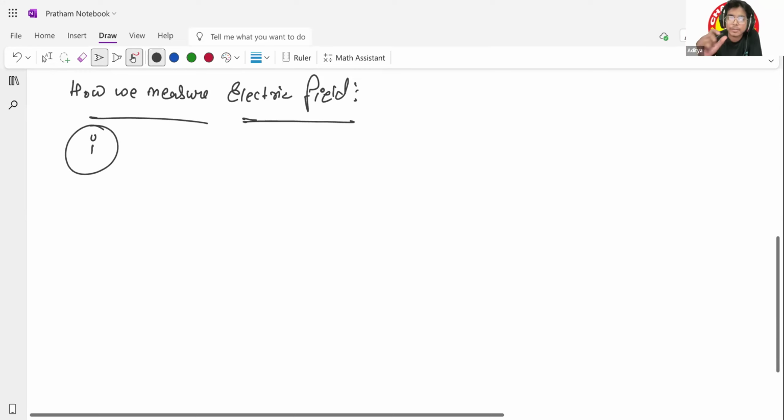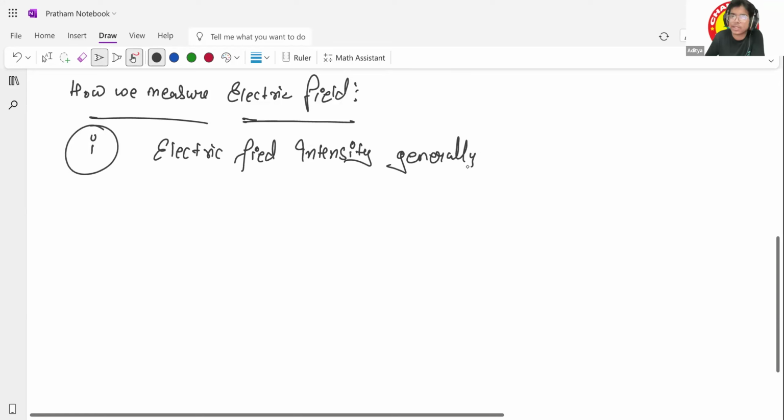It is measured in the form of electric field intensity, generally denoted by E. It's up to you, you can even change the term, but it is denoted by E. It's a vector quantity.